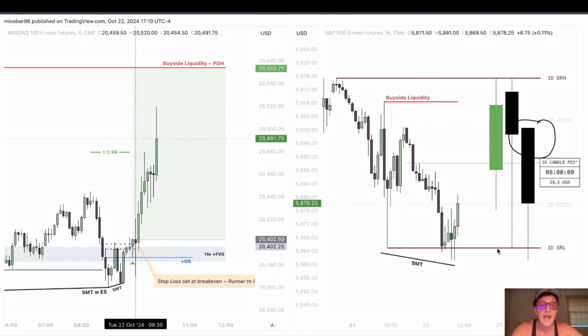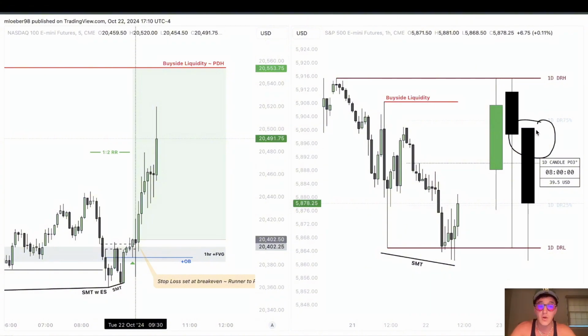And with our hourly SMT, our daily run of previous daily lows on the S&P 500 and the failure to do so on the NASDAQ, I had so much confidence in price moving higher rather than trading lower, with us already confirming our initial long entry. And I knew that the S&P 500 had to play catch up to that flat top high to rebalance that inefficiency.